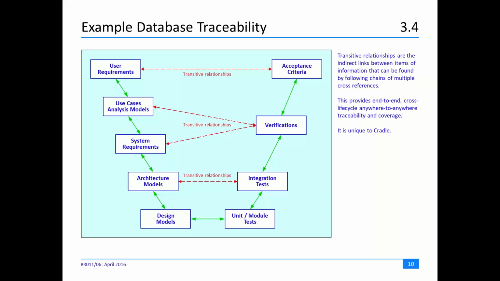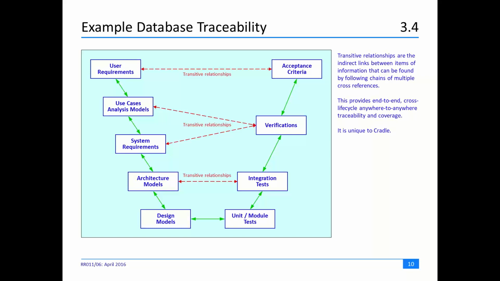And here is an example of the use of Cradle as a means to explore traceability, and particularly using a property that's unique to Cradle, so-called indirect or transitive relationships. In this example, we have 9 sets of information represented by 9 boxes.